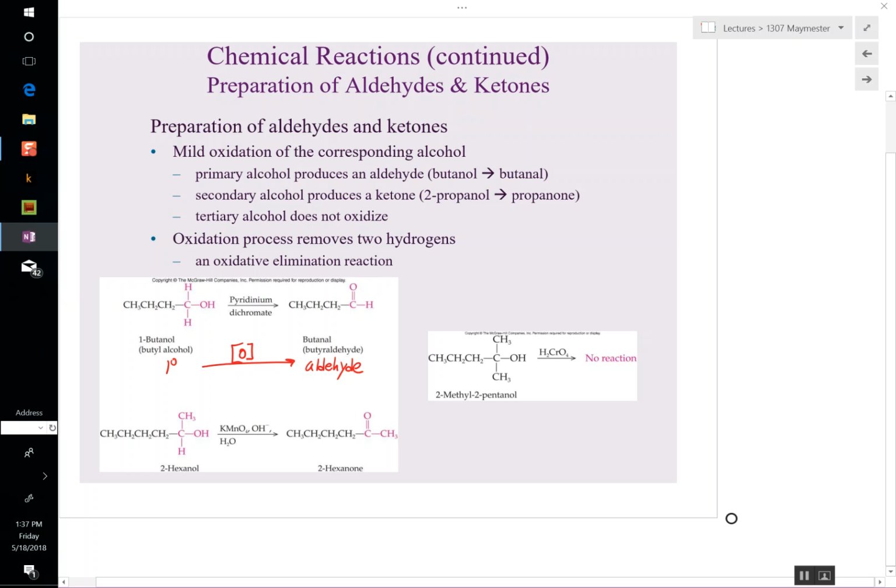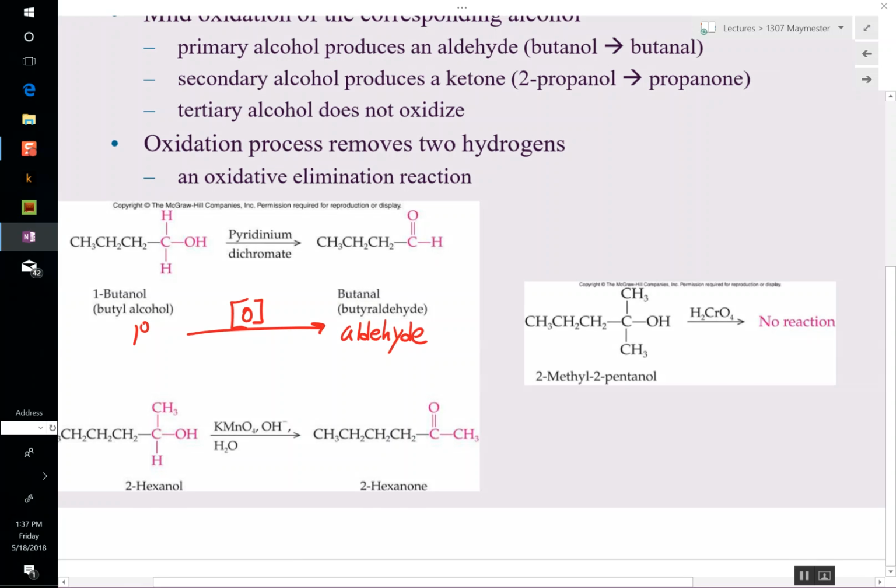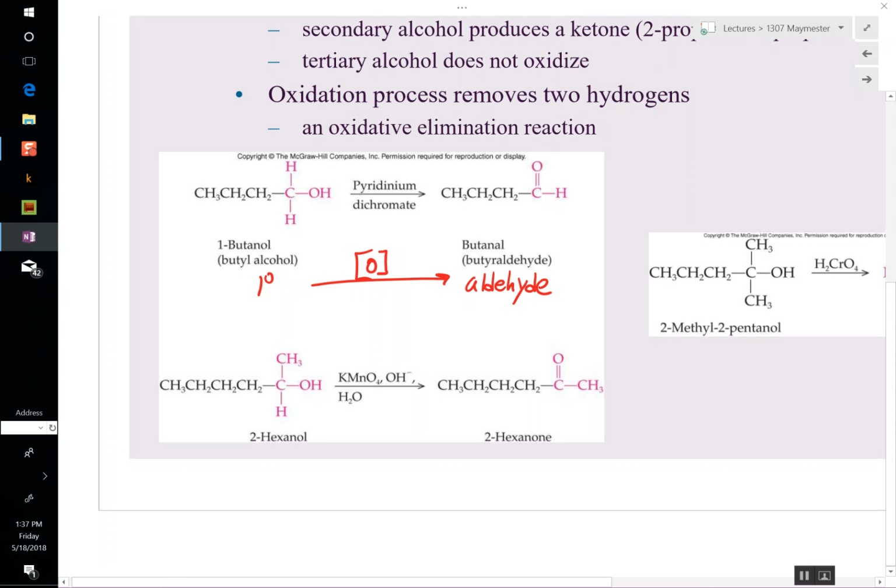Okay, and a secondary alcohol, 2-hexanol. So this kind of looks on the end, but we're going around a corner here. This is actually on the second carbon. There's carbon number 1, 2, 3, 4, 5, 6. So 2-hexanol. This is a secondary alcohol. A secondary alcohol oxidizes to form a ketone.